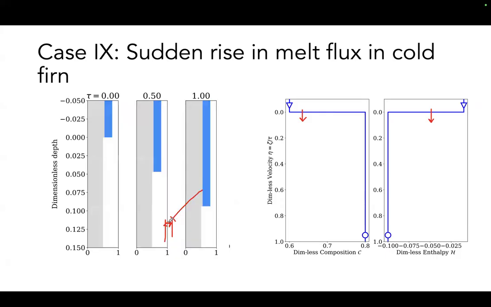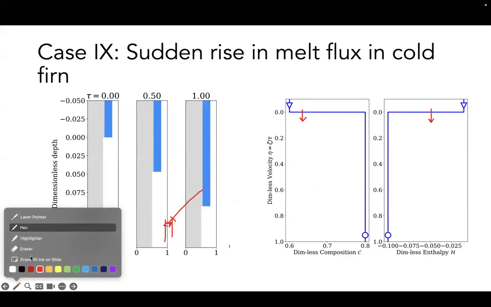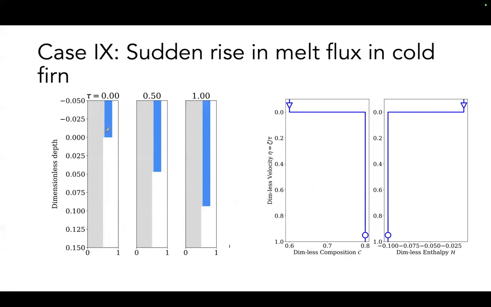In reality, this solution looks like this, where there is water infiltrating into the firn, and there is a small jump in porosity. But think about this. As the water goes down, the temperature here is 0 degrees Celsius, whereas the temperature in the right state is about minus 15.84 degrees Celsius.